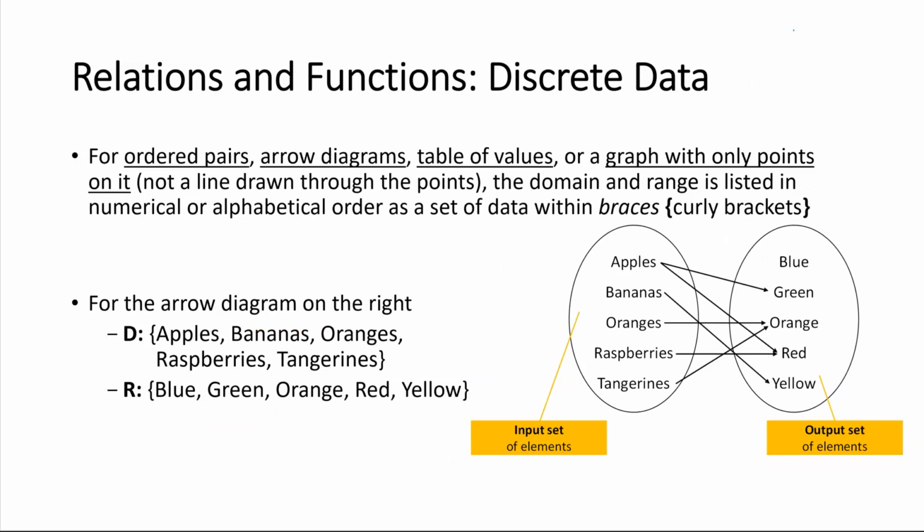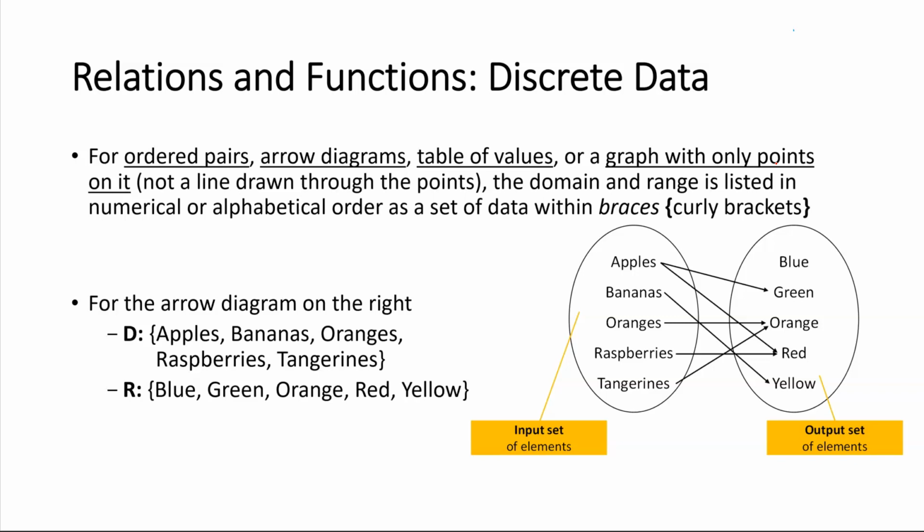And if we're talking about discrete data, like the arrow diagram, which would include relations listed as ordered pairs, arrow diagrams, table of values, or graphs with only points on it, not a line drawn through the points, the domain and range is going to be listed in numerical or alphabetical order within a set of braces, and braces are just curly brackets.